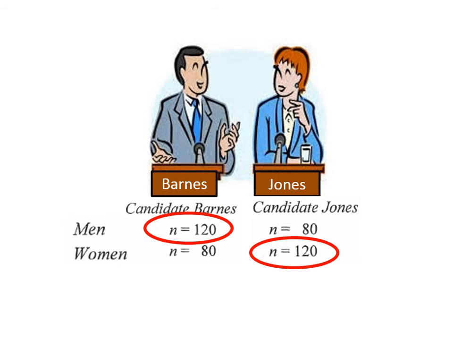So what we would want to say is that candidate Barnes might want to consider ways to increase his support among women without alienating the men, and a similar situation with candidate Jones, where candidate Jones might want to increase her support among men without alienating the women.